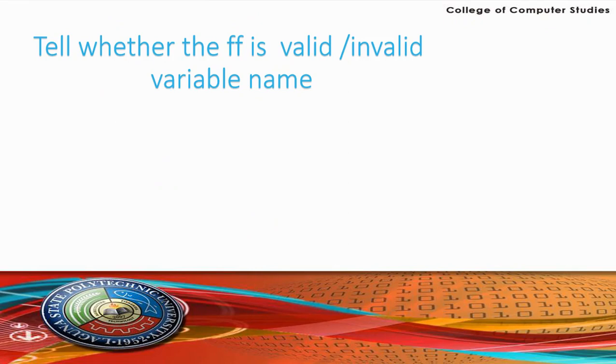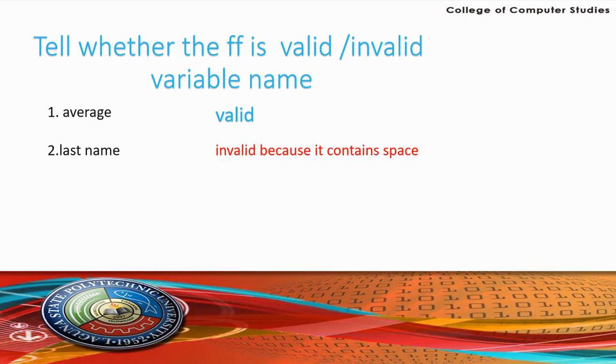So tell whether the following is a valid or invalid variable name. Average. Okay, it's valid. How about this one? Last name. It's invalid, right? Why? Because it contains a space. Num1.